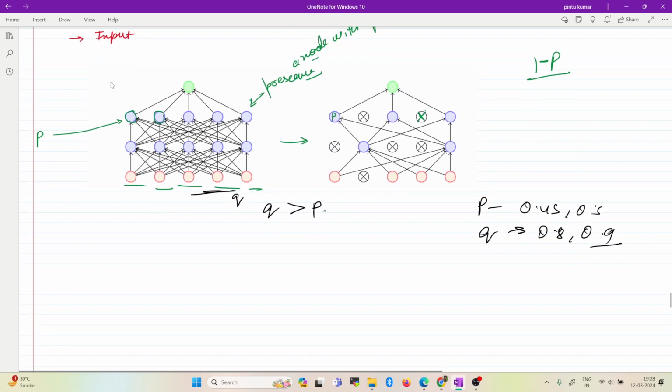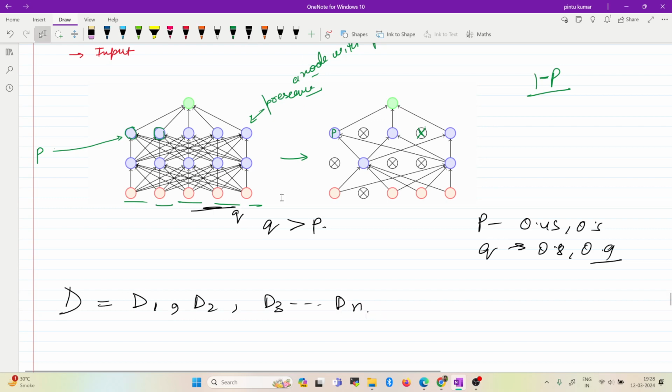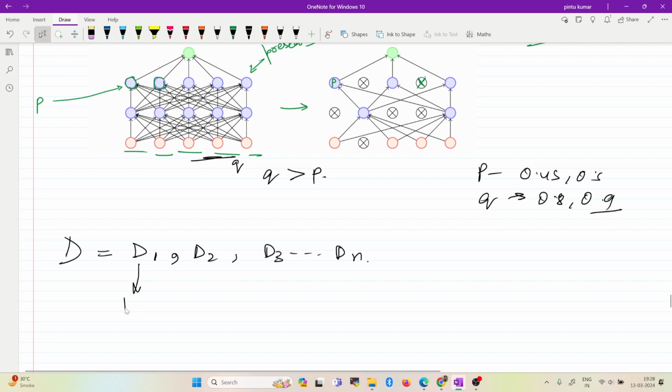Now what actually is this dropout method? Let's say you have a data set D, and you divide it into batches D1, D2, D3, up to Dn. You begin with D1, and dropping some nodes, you obtain an architecture A1.